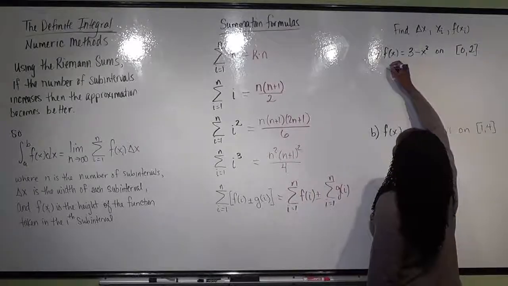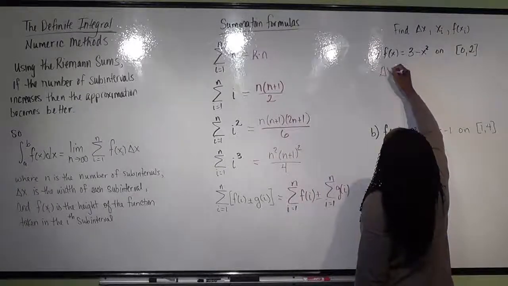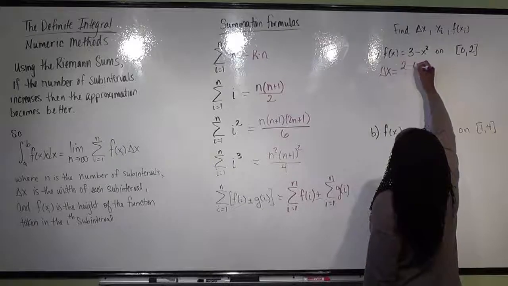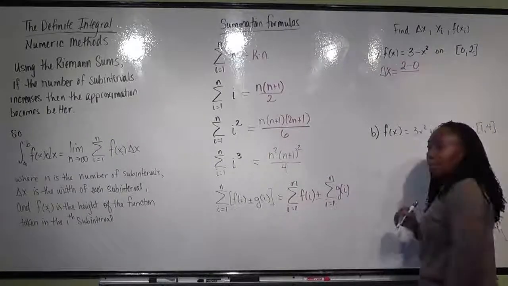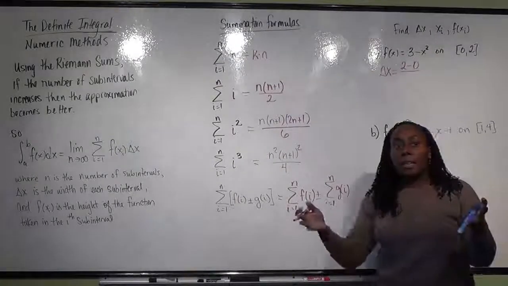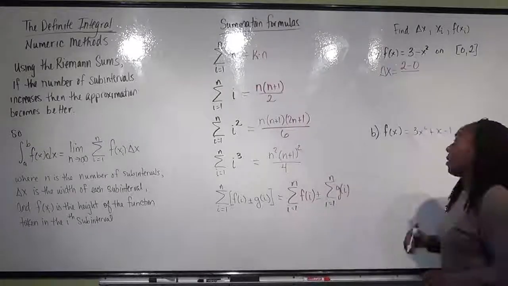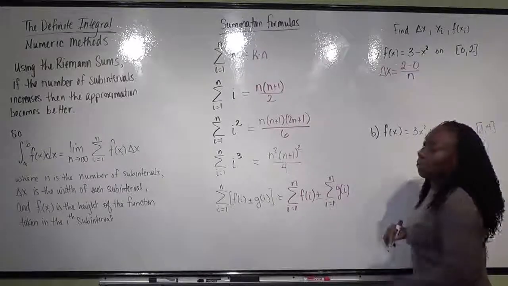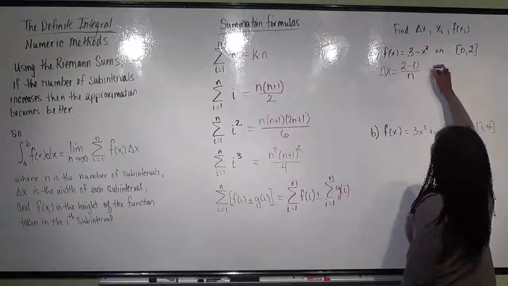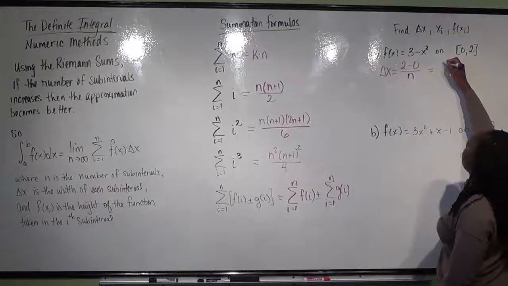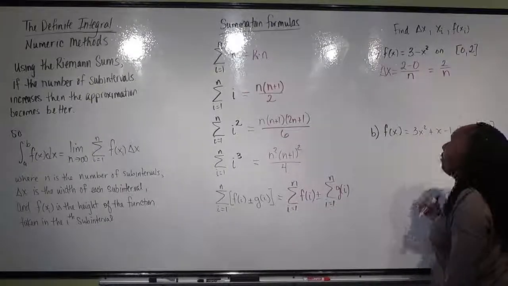The length of the interval is going to be 2 minus 0. And then for the subintervals, I'm just going to take that length and divide it by how many subintervals I want. In this case, there's n of them. Okay? So here, my delta x is just going to be 2 over n.